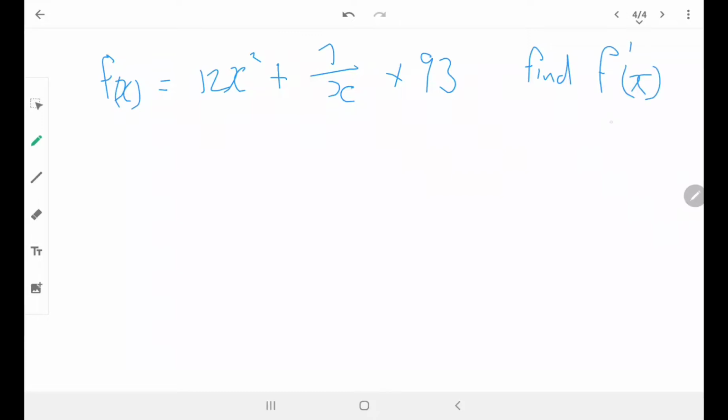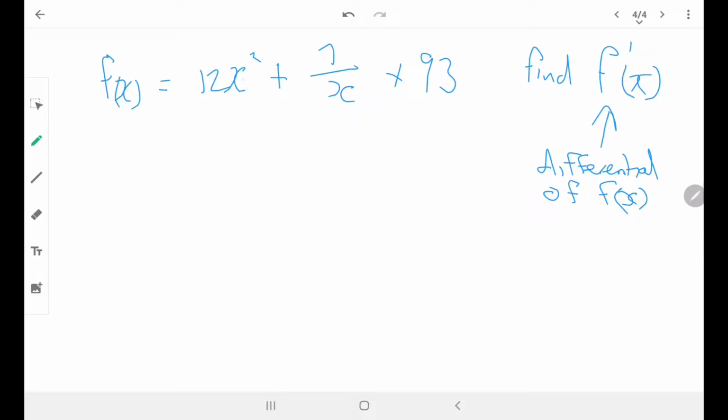Now, when you differentiate things, another word for that is differential. So a differential of it. This is representing a differential of f of x. So I have to find that differentiated. All I've got to do is differentiate this.